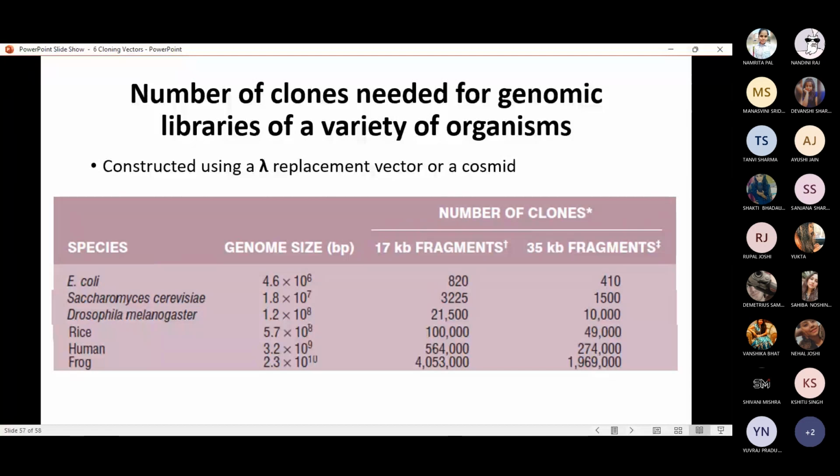If you talk about human, the genome is in billions of base pairs, so the representing clones are going to be 564,000 and 274,000, corresponding to 17 and 35 kb fragments. The frog genome is further 10 times higher than the human genome, so it needs a bit more clones, with individual fragments cloned individually.